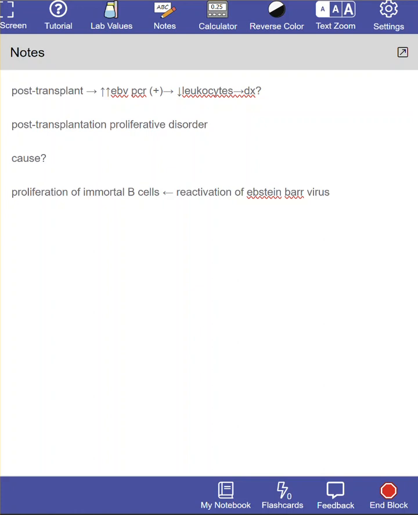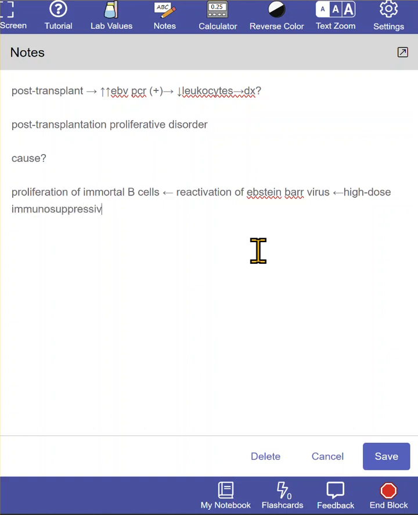And high-dose immunosuppressive medications following transplantation. So the order of things is you get high-dose immunosuppressive drugs, which reactivate Epstein-Barr virus and cause the proliferation of more B cells.